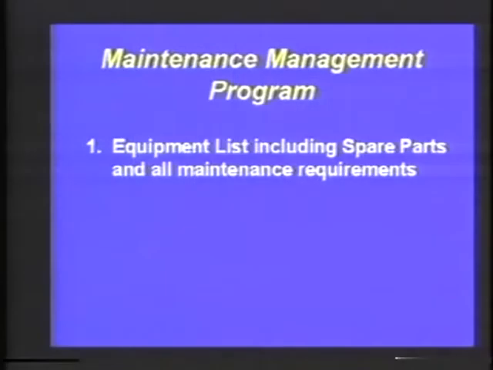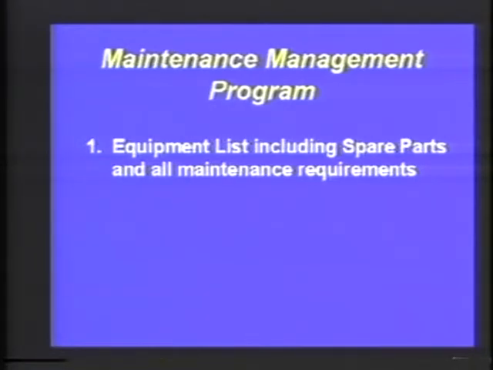Now, I'd like to at least walk you through these 9 modules, since we are talking about managing maintenance with computer assistance, we will be talking about modules as opposed to functions. Now, the first module is what I call the heart of CMMS.